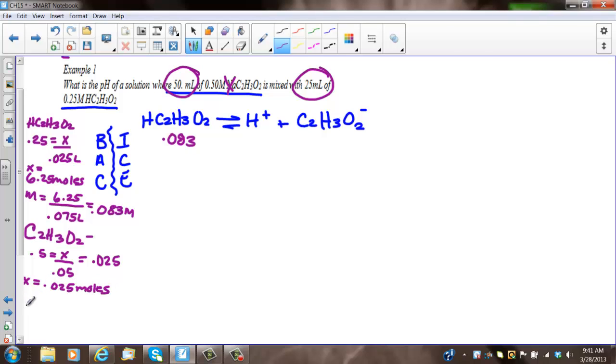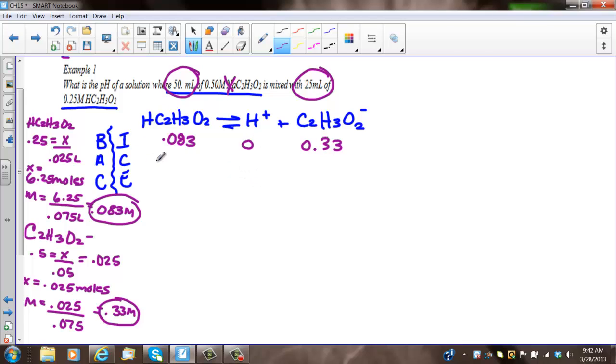And then I've got molarity equal to 0.025 over 0.075, which is going to be 0.33 for my molarity. So this is 0.33 for my acetate ion, and I have no hydrogen ion right now.